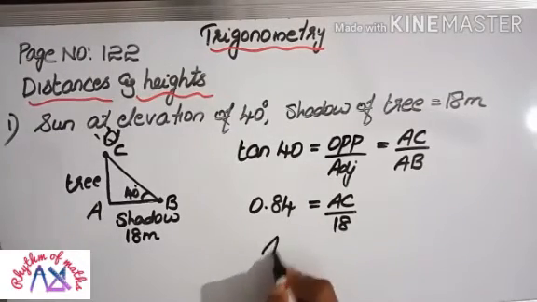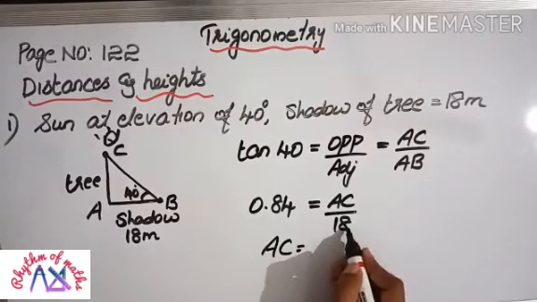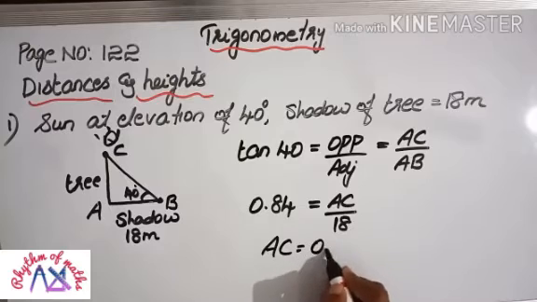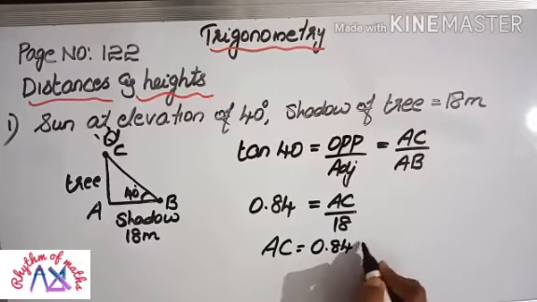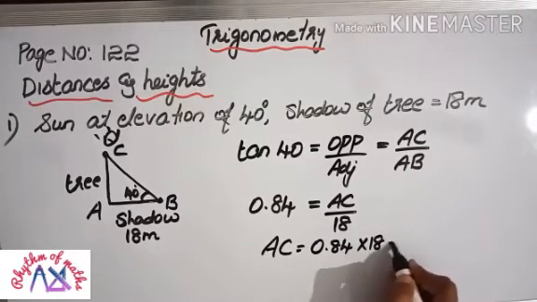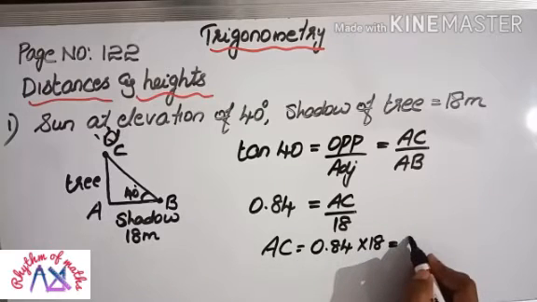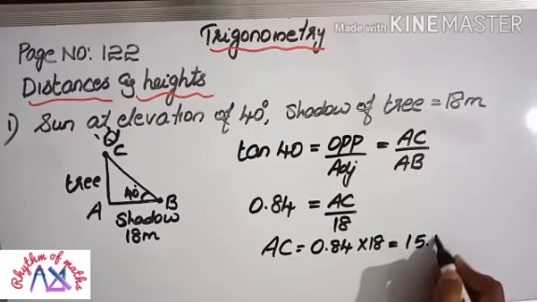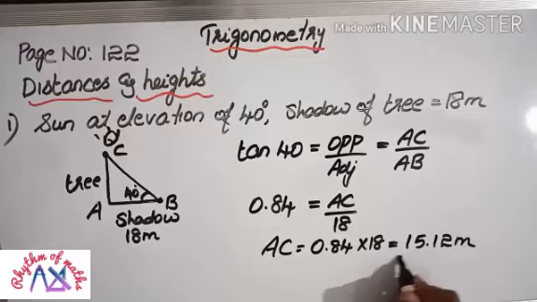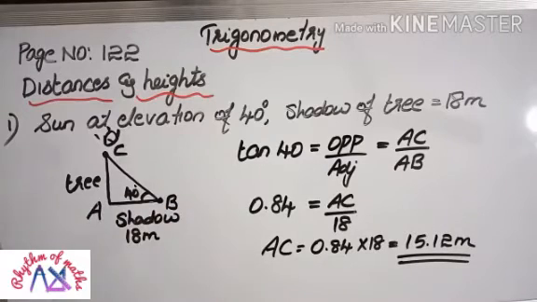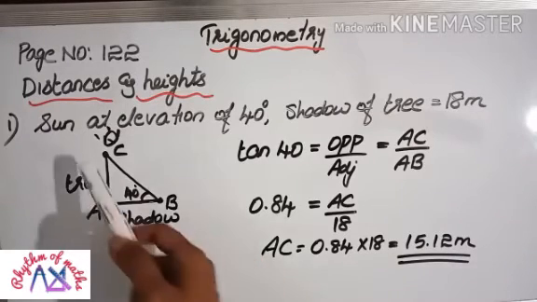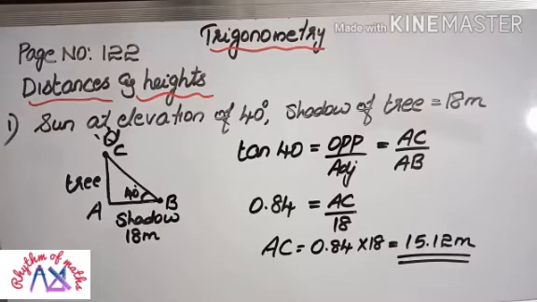To find AC, keep AC there and take the 18 to this side, that is 0.84 into 18. When you multiply this, you will get the answer as 15.12 meter. That means the height of the tree is 15.12 meter, when the shadow is 18 meter and the sun is at an elevation of 40 degree.